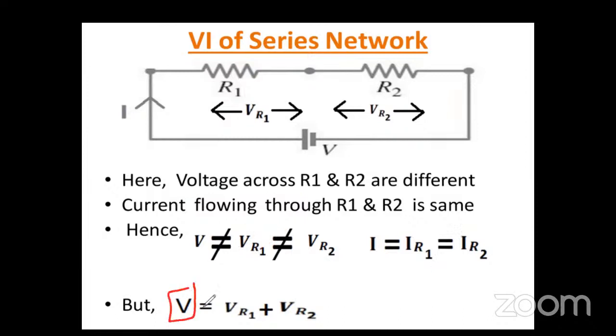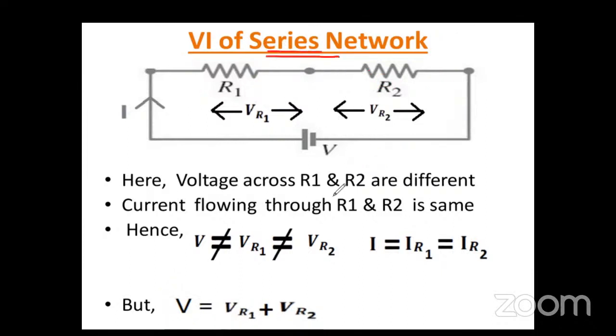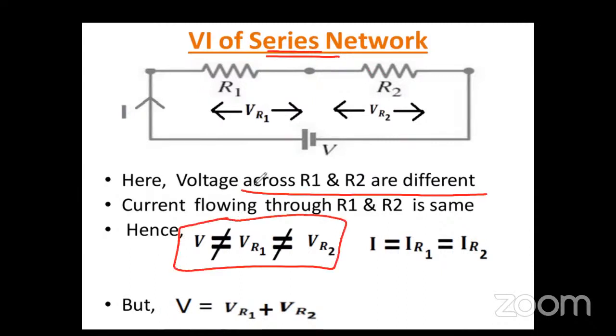And voltages are different. So what is the conclusion? कि total voltage is equal to voltage of first resistor and voltage of second resistor, इसका addition। तो अगर total voltage 100 है, and इसको मैंने divide किया तो ऐसे हो सकता है 60 and 40। Sometimes exception case 50-50 भी हो सकता है, some case it's 30-70 भी हो सकता है। So total voltage is addition of voltage of two resistances. तो हमने क्या concept देखा आज? In the series network voltages are different, लेकिन circuit क्या चाहिए?